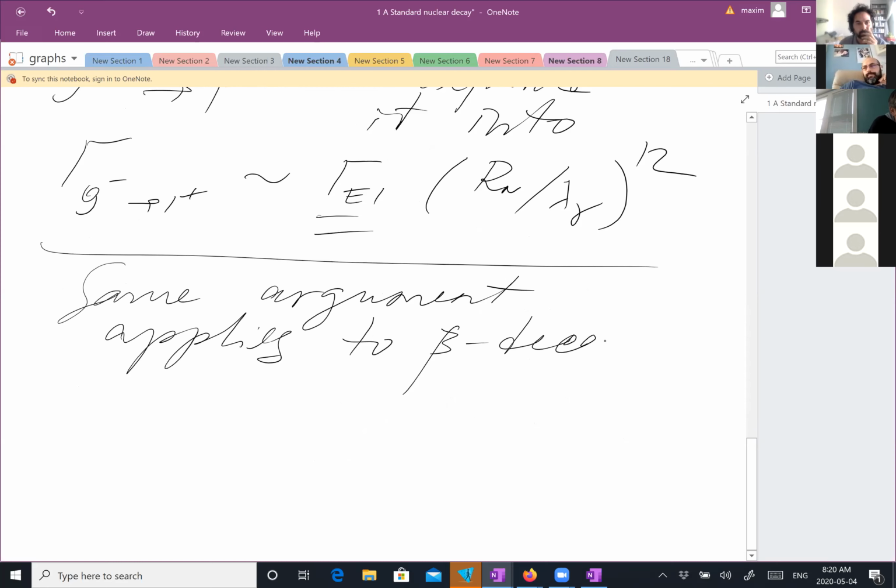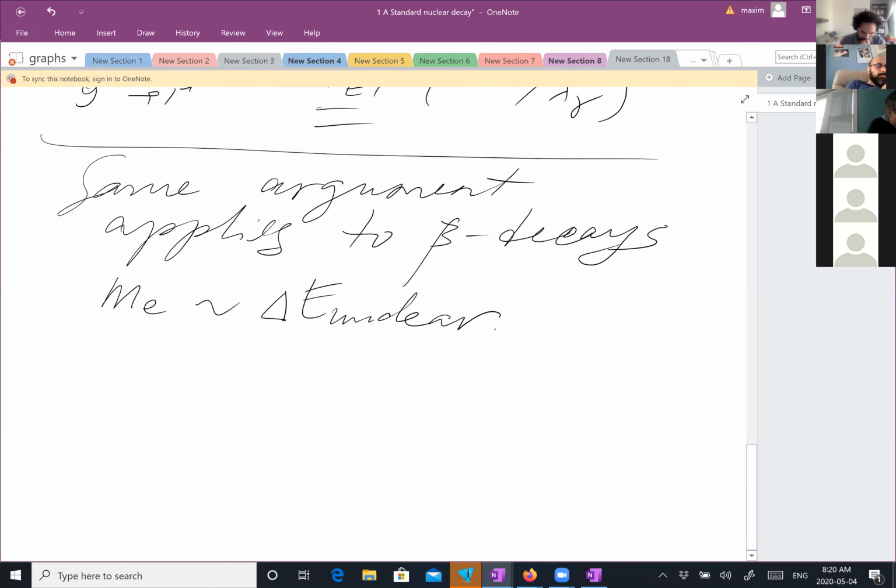There, of course, you have G Fermi, a small parameter to begin with, but you also have basically the additional, well, ME is on the order of this delta E nuclear, so it's a small thing. So the very same arguments apply, right? So delta L large transitions are strongly inhibited.